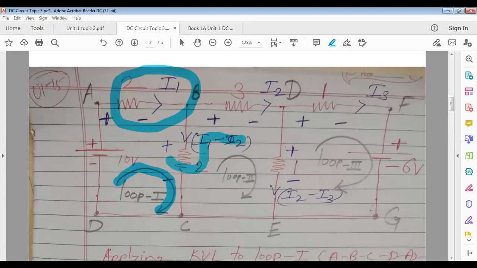And minus 2 times (I1 minus I2), because the upper one is positive. And 10 volt? Positive. Plus 10 is equal to 0. Got it? Minus 2 times I1 minus 2 times (I1 minus I2) plus 10 is equal to 0. Clear? First equation.